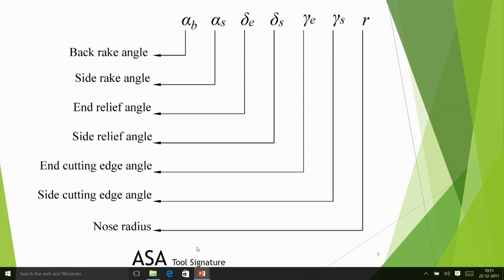That is called the tool signature. So the first is the back rake angle, the second is the side rake angle, the third is the end relief angle, and this delta is the side relief angle, then the end cutting edge angle and the side cutting edge angle, and another one is the nose radius in mm.